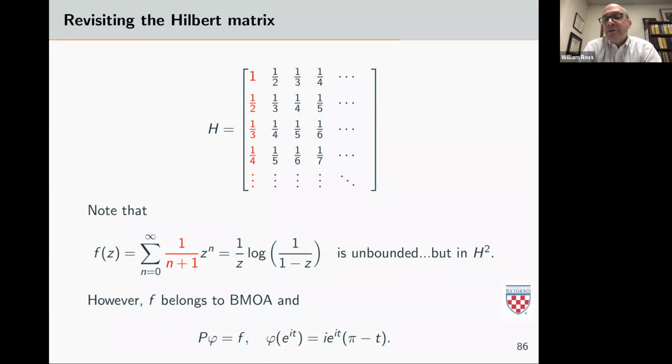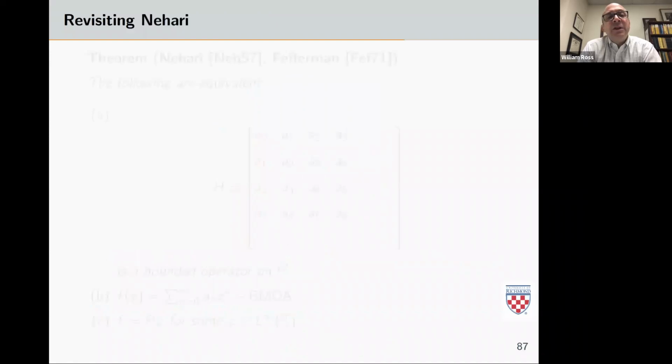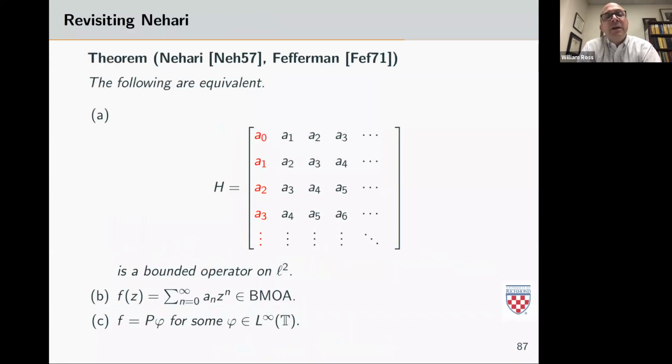All right, so there's a kind of a generalization of this observation. So I'm kind of piecing together Nehari's theorem and Pfefferman's theorem and reinterpreting it. All right, so if I look at a Hankel matrix, this is going to be a bounded operator on L2 if and only if this function you get is in BMOA, and that's if and only if the f is the Riesz projection of an essentially bounded function.